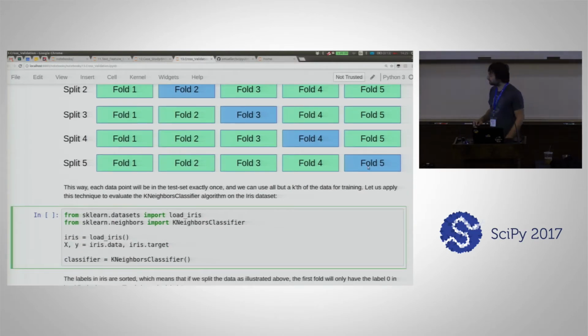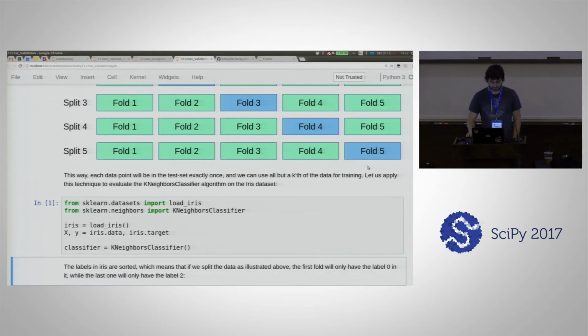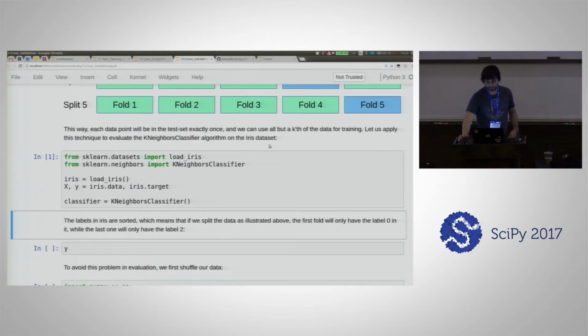Right, so now let's apply cross-validation to the nearest neighbor classifier on the iris data set, just to get a feel of how this works. Basically, what we want to know is how well a k-nearest neighbor classifier does on the iris data set.